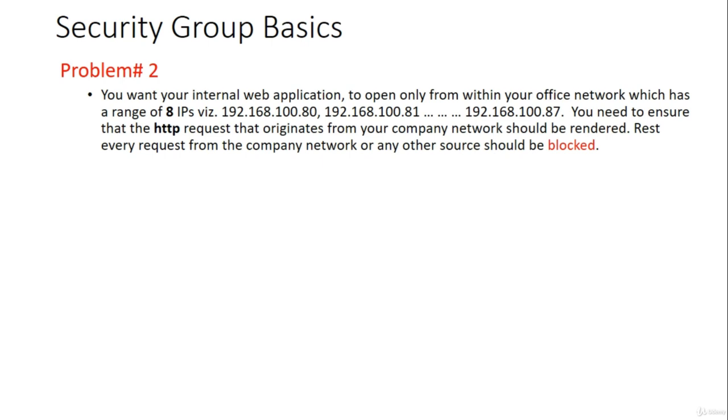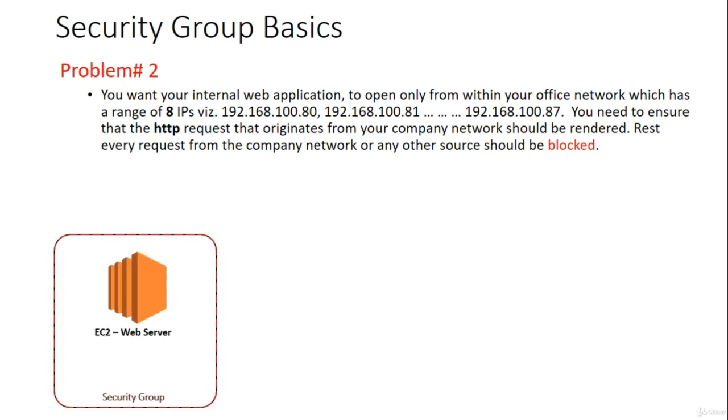So you are allowing your web application pages to appear only when the request is coming from your office network, and your office network has well-defined IP addresses. There are 8 addresses. Now based on this problem, you need to write the CIDR for your security group.